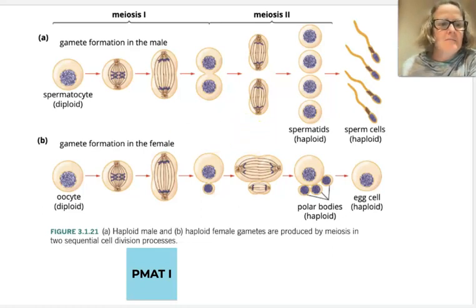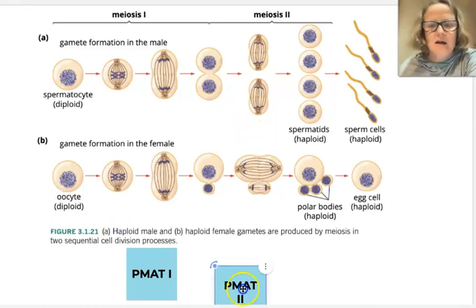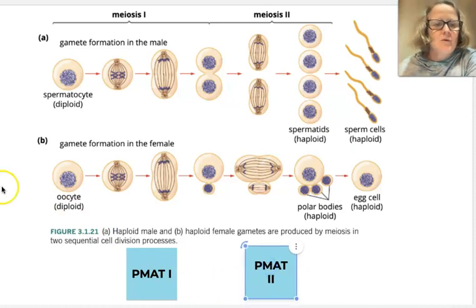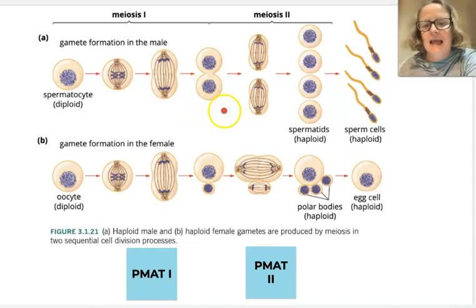So we have PMAT happening a second time. Prophase, metaphase, anaphase and telophase happen again, but this diagram doesn't show all of them. It shows the two daughter cells here, each one undergoing, well, prophase has happened, metaphase has happened, this is anaphase happening here, and then telophase happening here.